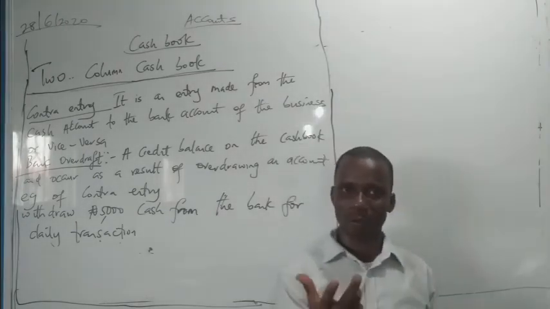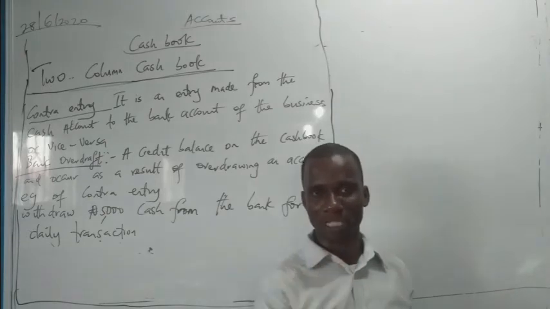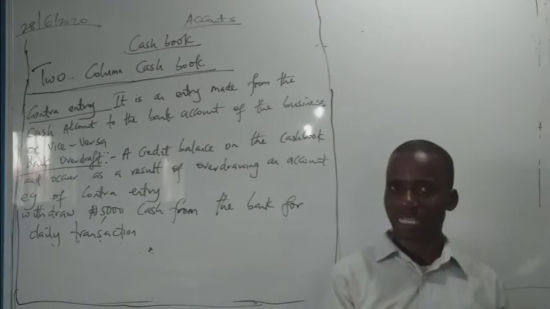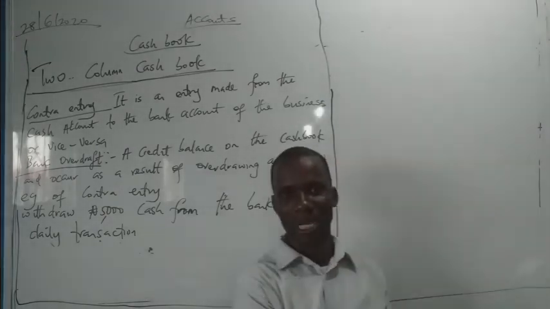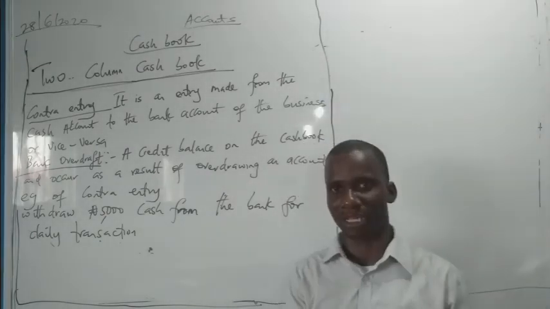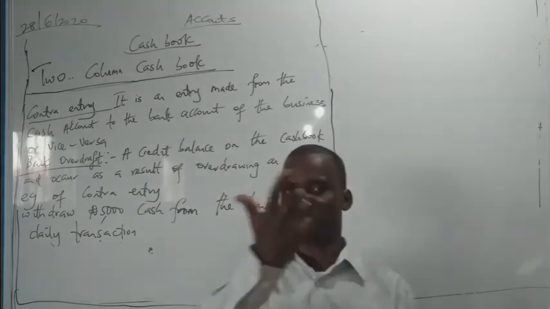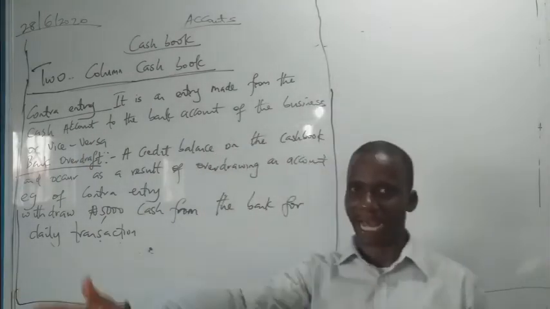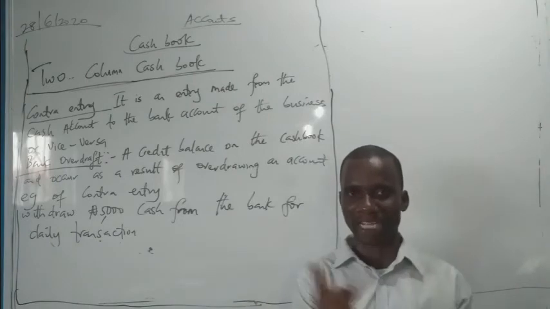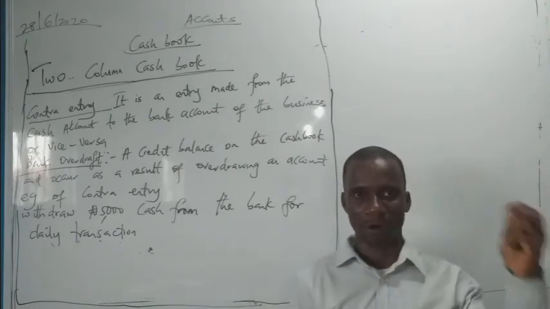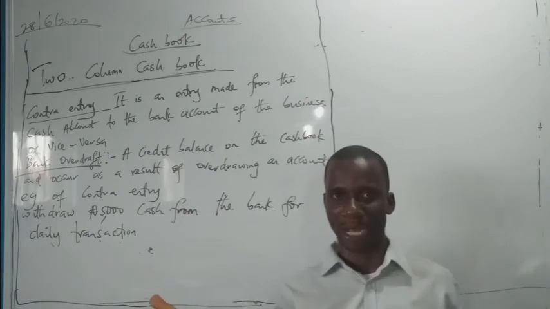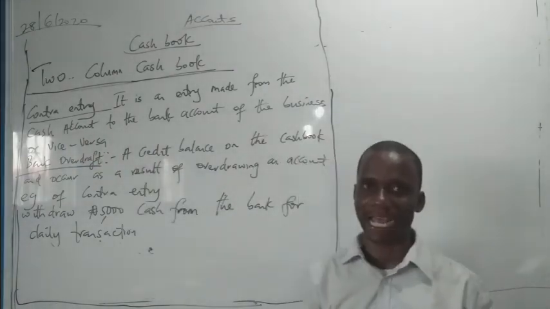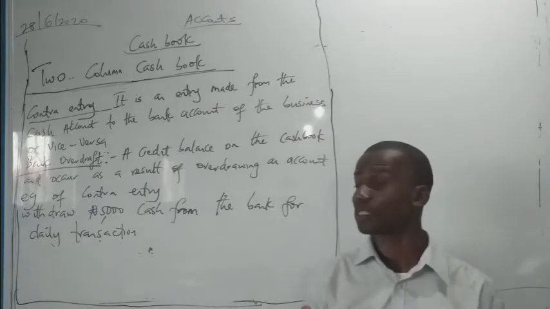So instead of taking the risk of holding the money, the cash on hand, or using the cash for something that was not planned or that is not relevant to the business, the business can decide to pay that excess cash and transfer it to the bank account. So this movement of cash from bank to hand, or from hand to bank account, is what is known as contra entry. Gotten it? Okay?